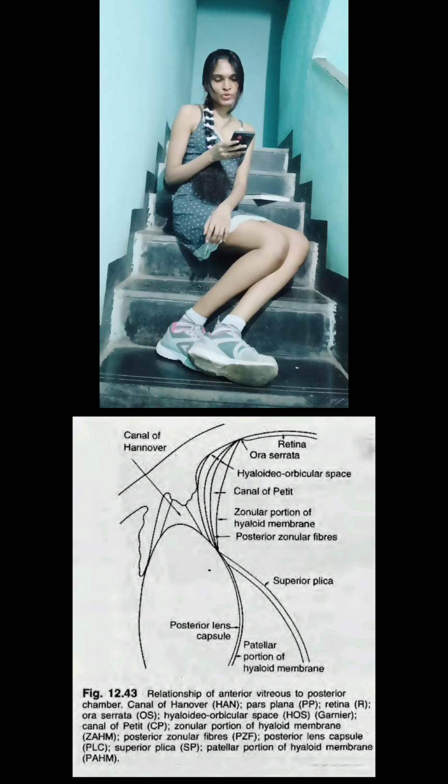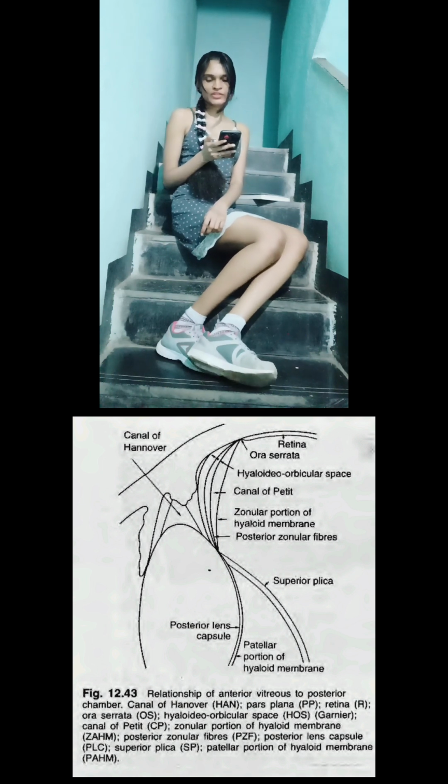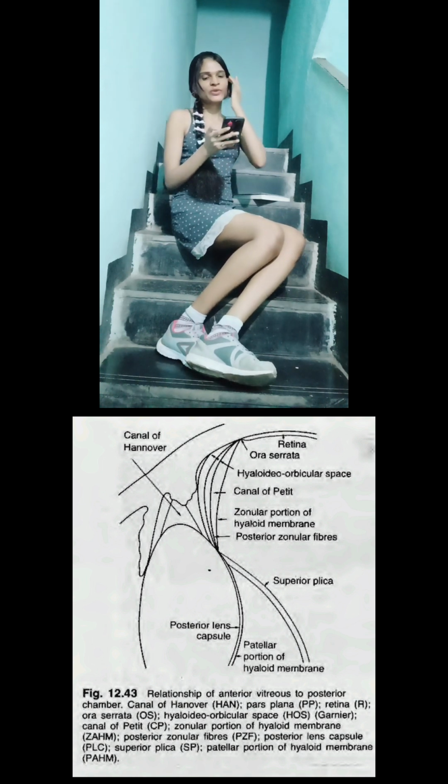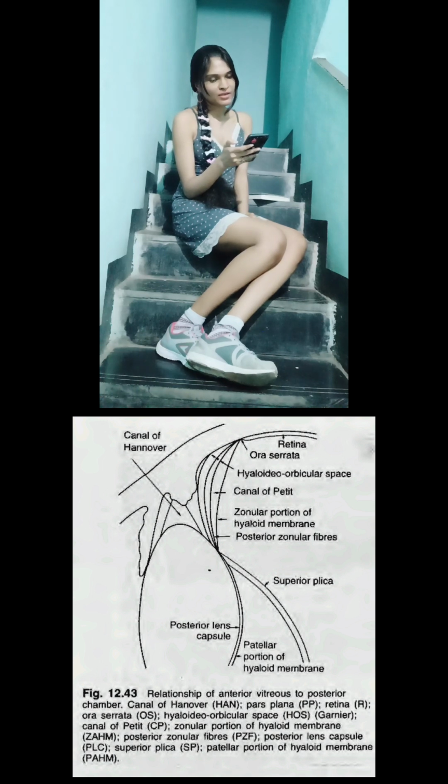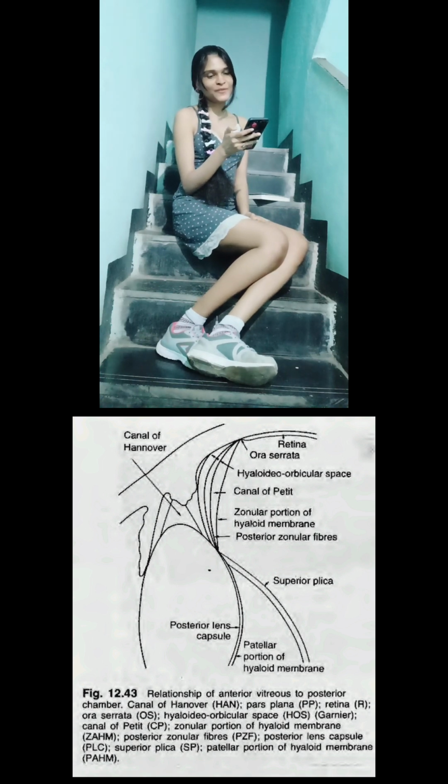Now figure 12.43, relationship of anterior vitreous to posterior chamber: Canal of Hannover, HAN; pars plana, PP; retina, R; ora serrata, OS; hyalio-orbicular space, HOS, that is Garnier space; Canal of Petit, CP; zonular portion of hyaloid membrane, ZAHM; posterior zonular fibers, PZF; posterior lens capsule, PLC; superior plica, SP; patellar portion of hyaloid membrane, PAHM.